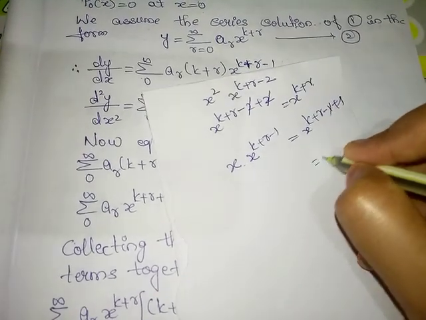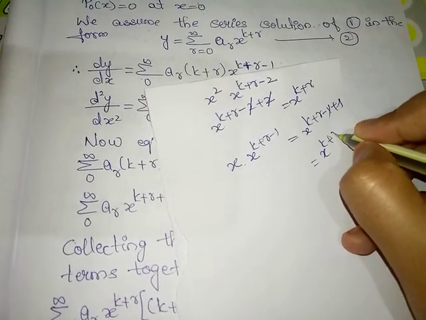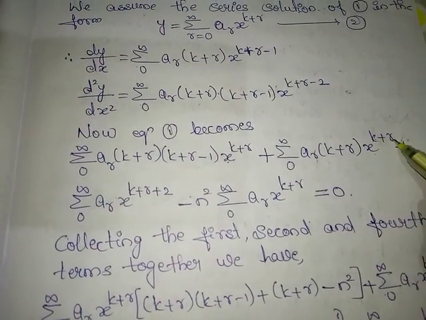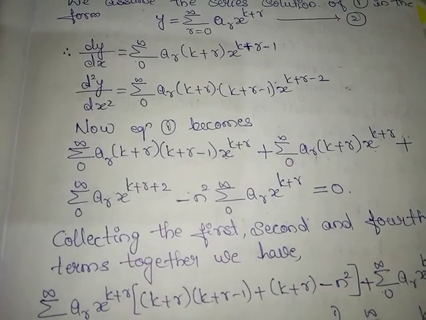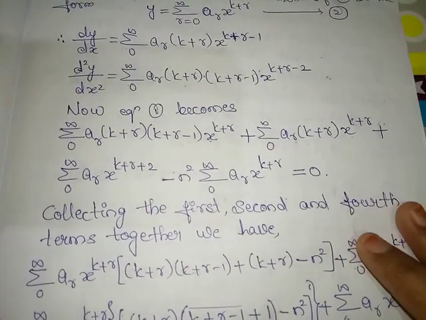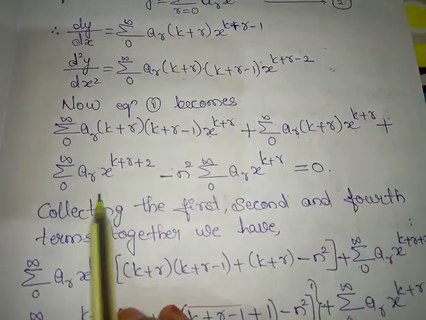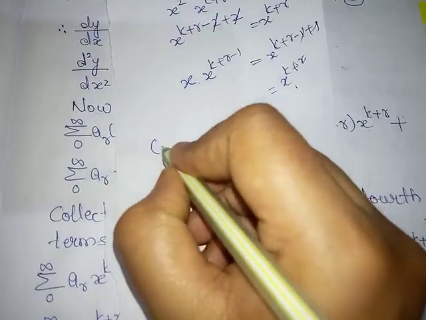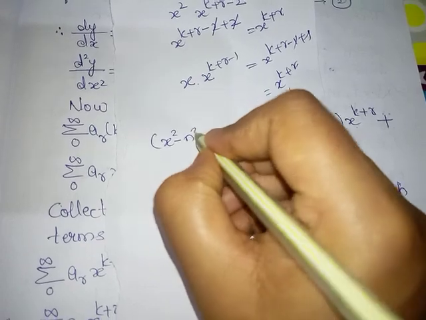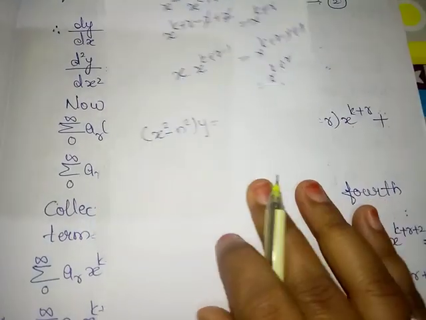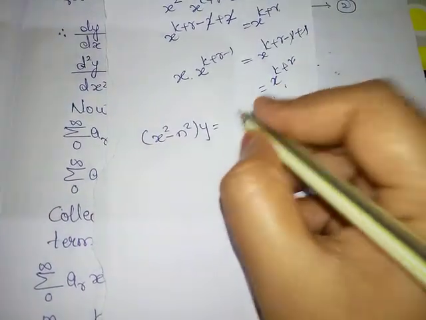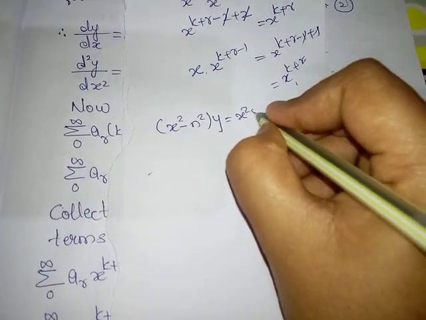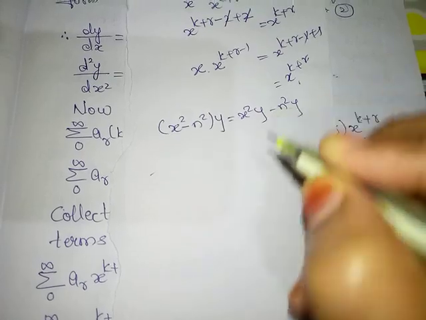Minus 1 plus 1 get cancelled. The remaining is only k plus r. So here also I am taking directly k plus r, cancelling the powers of 1 and minus 1. Then the next term is x square minus n square into y. When we substitute y, this can be written as x square into y minus n square into y.